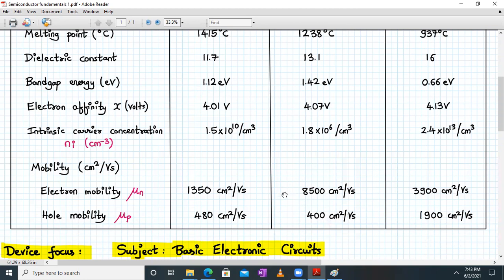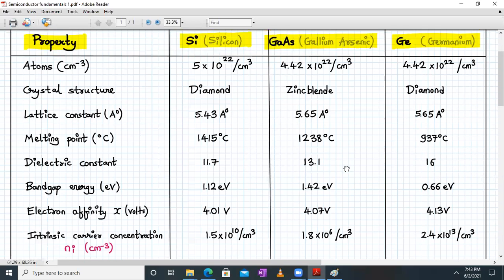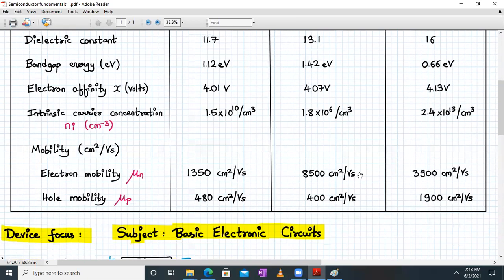Since the electron mobility is so high, that is one of the reasons why gallium arsenide is used for making devices suited for very high frequency and very high speed applications, because mobility is the ease of movement of electrons in the crystal.